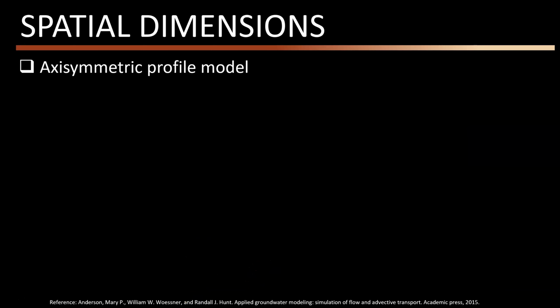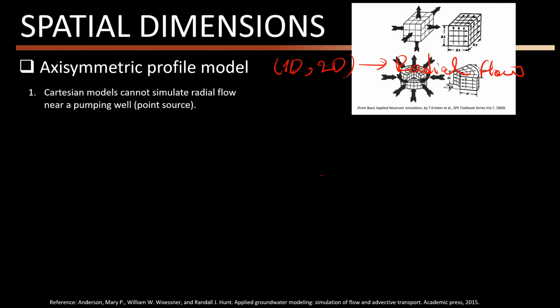Axisymmetric profile models are a different form of groundwater models. Sometimes they can be considered as 1D, sometimes 2D. It depends on the problem that we have, but they are categorized under the radial flow problems. As you know, the control volume of the radial system is a cylindrical control volume, which is different from the cubic Cartesian form, and that's why the governing equation looks different.